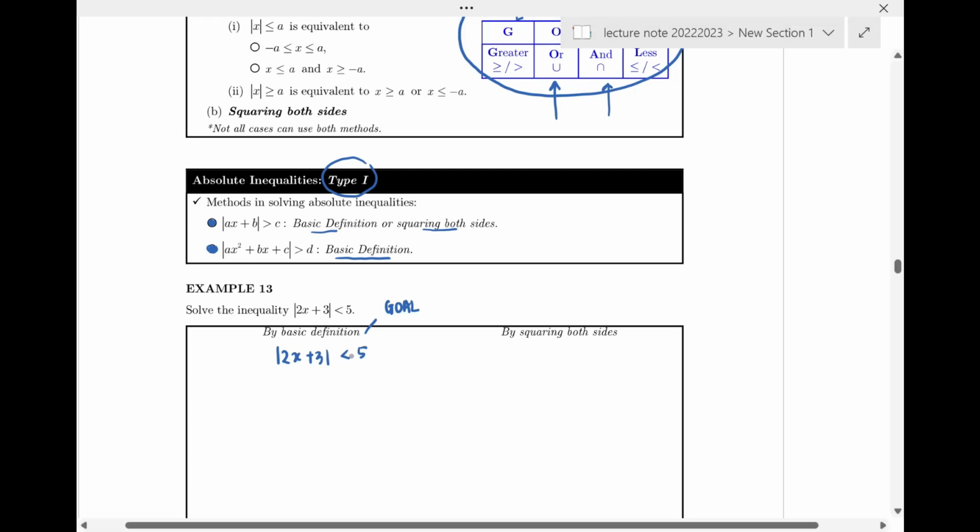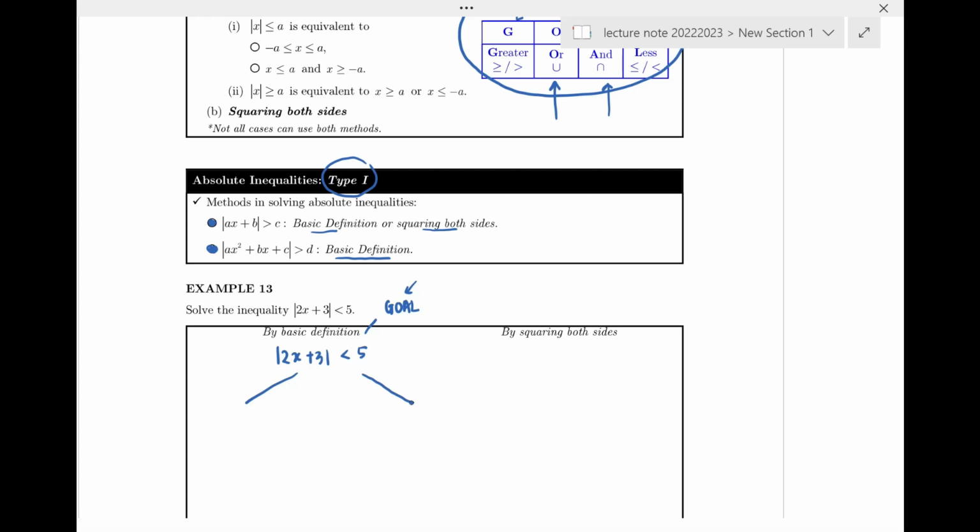We can see here it is less than, meaning that we are going to use AND. So first we are going to separate this inequality into two, one positive and the other negative. So I put AND here straight away, and or intersect, the same thing.